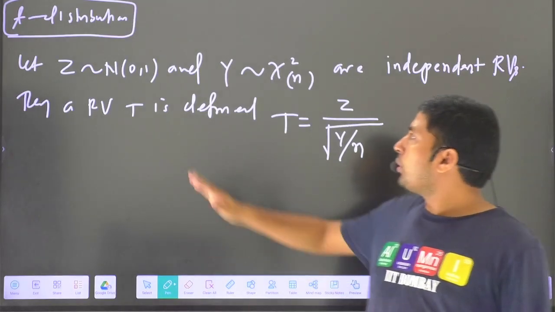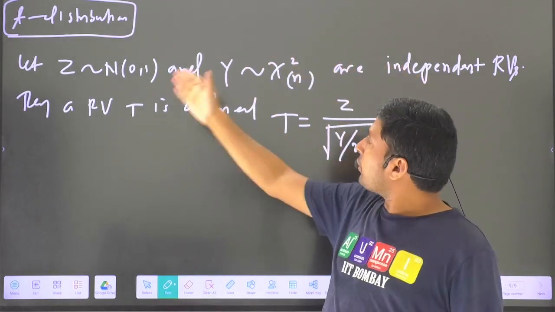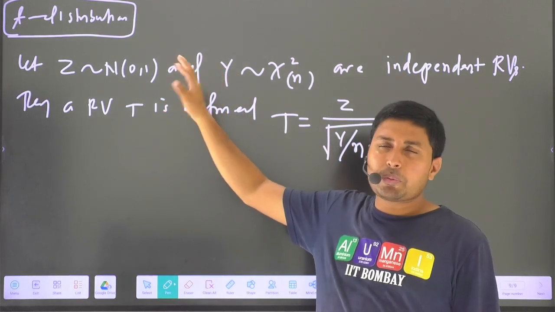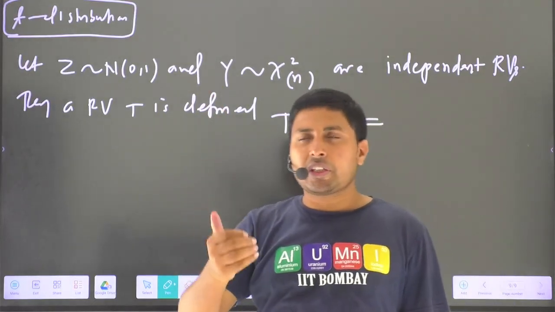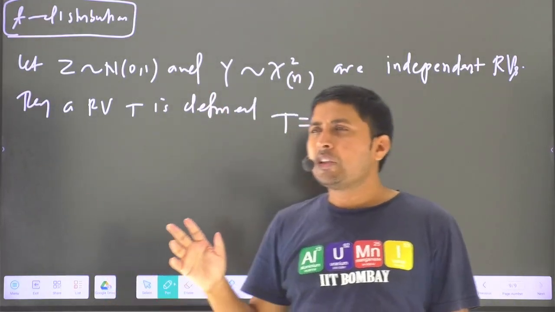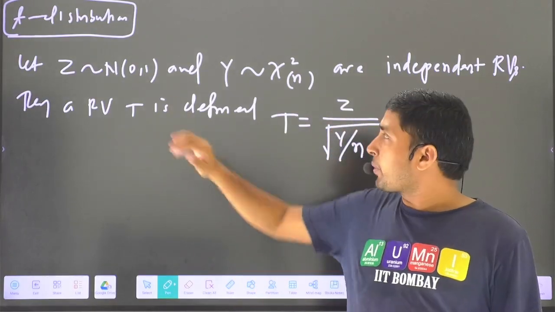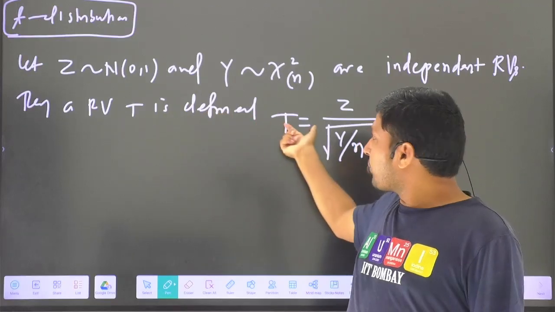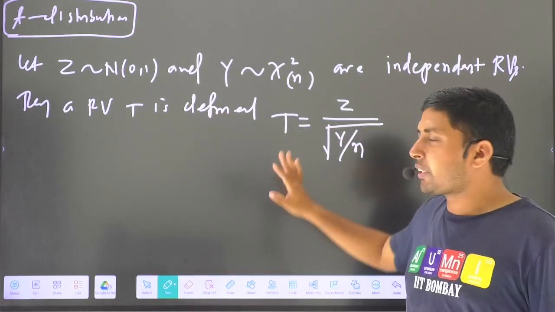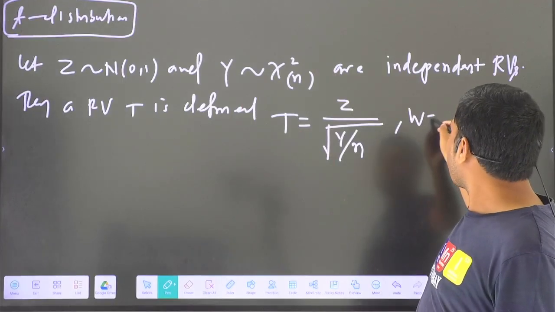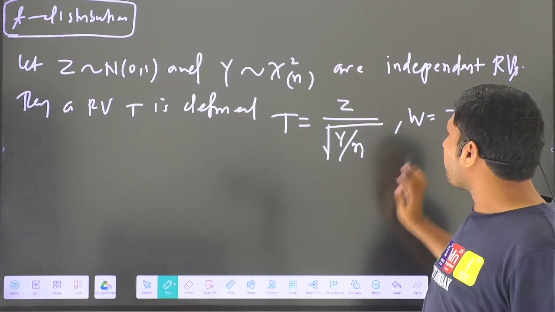Since Z and Y are independent random variables, the joint PDF of Z and Y is the product of the marginal PDF of Z and the marginal PDF of Y. So we get the joint PDF. T is defined like this. We will define some other random variable, let's say W, and I will take W as Z only, no problem.